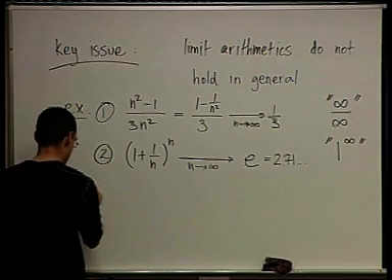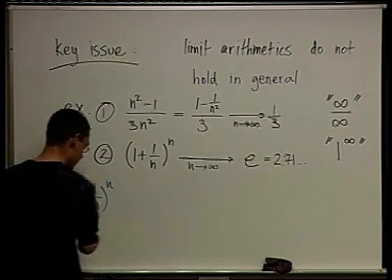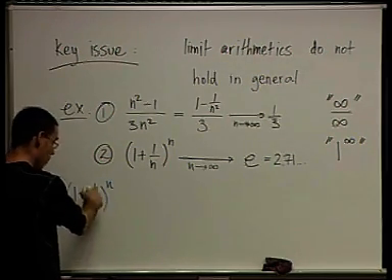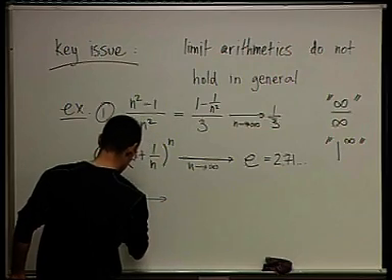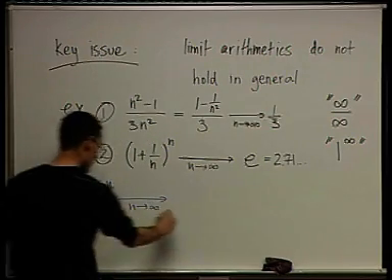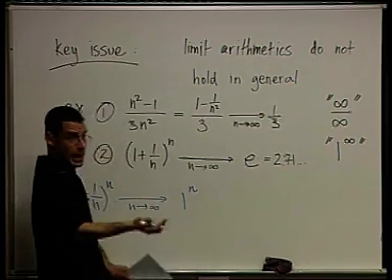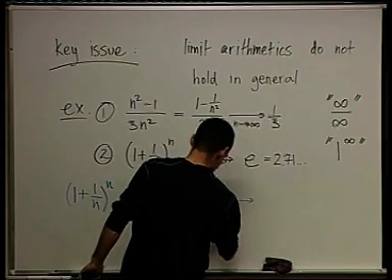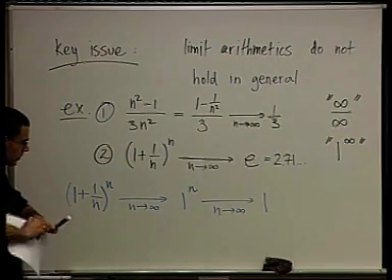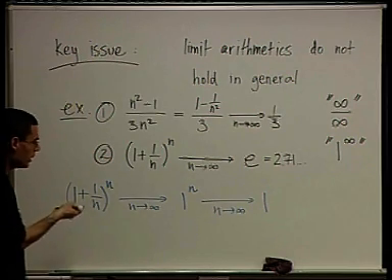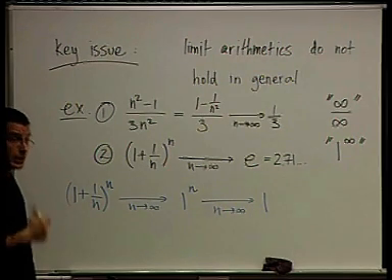And maybe this is a good point to remark, to show how you can get things very, very wrong if you go to the limit in steps. So I can say, okay, 1 over n goes to 0, right? So this goes to, as n goes to infinity, 1 to the power n, because this goes to 1. And then 1 to any power is just 1, so as n goes to infinity, this goes to 1. And I've seen many people write this, and maybe you're looking at it and thinking, hey, that makes sense. Okay? It's wrong.